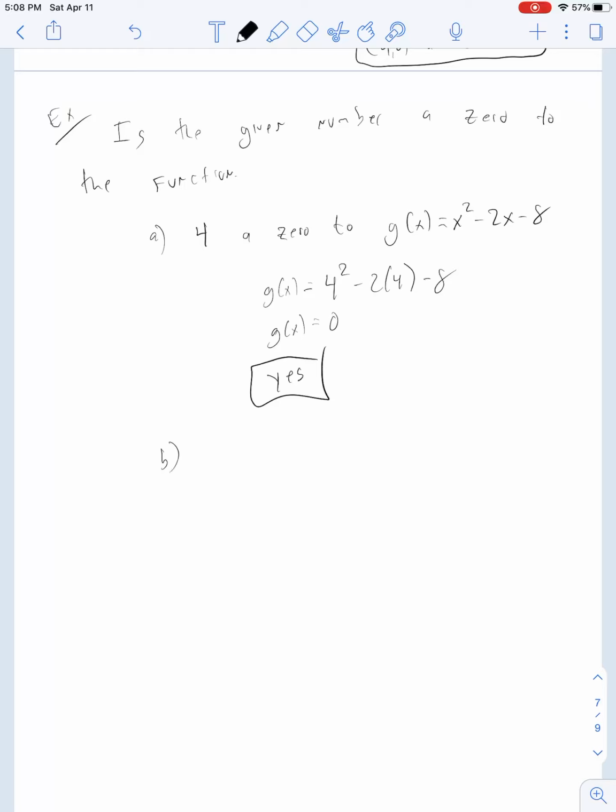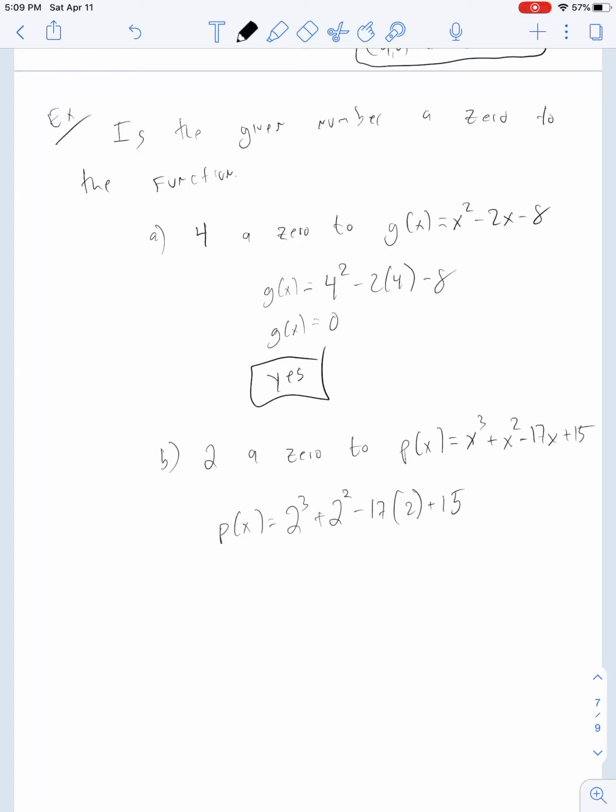How about our next example, B? All right, is 2 a 0 to p of x equals x to the third plus x squared minus 17x plus 15. So we replace again, and we're just checking, is it 0 or not? 2 to the third plus 2 squared minus 17 times 2 plus 15.